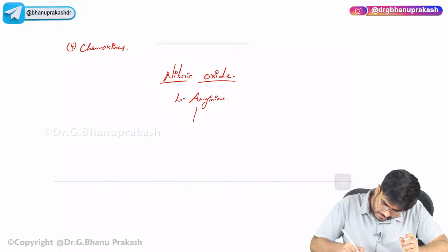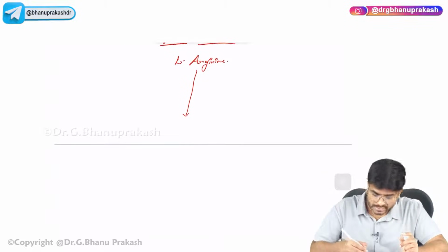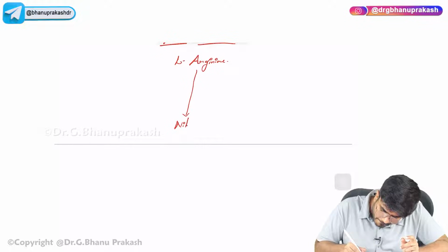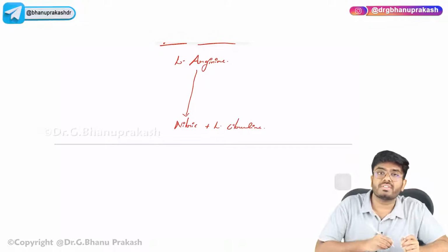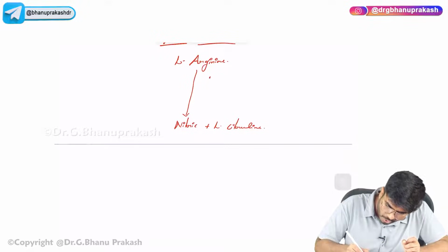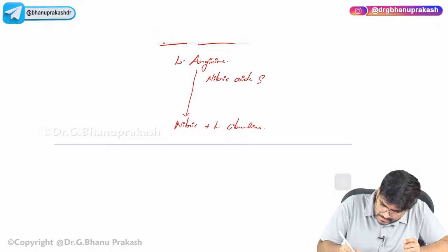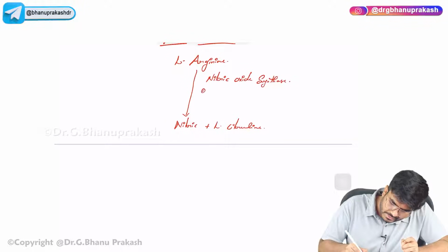This L-arginine is going to be converted into nitric oxide along with L-citrulline. It's pure biochemistry, with the help of an enzyme called nitric oxide synthase. How many types of nitric oxide synthase are there? This is very important.